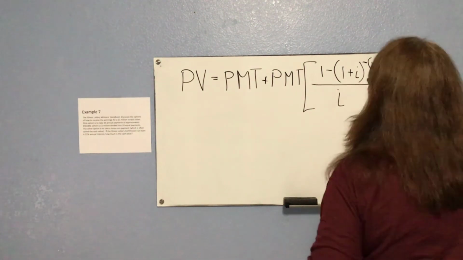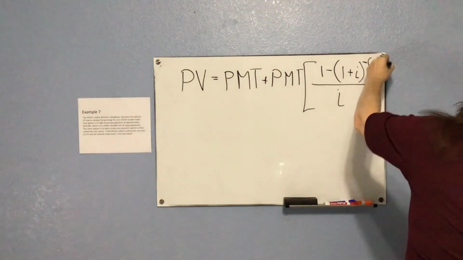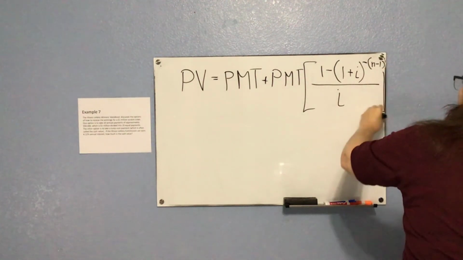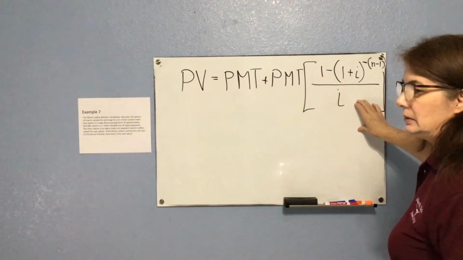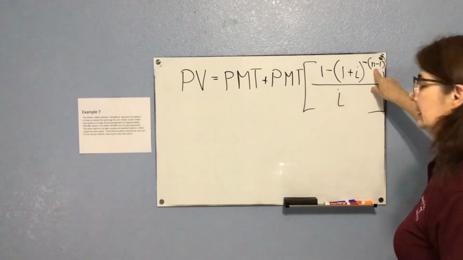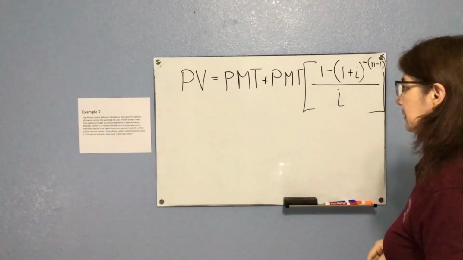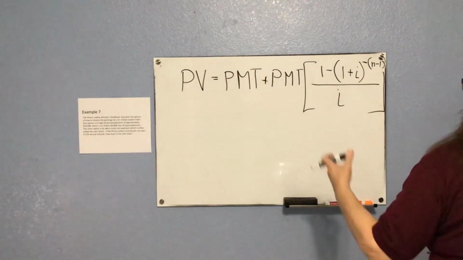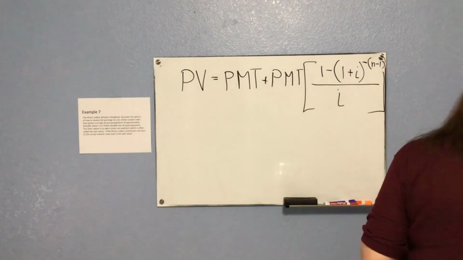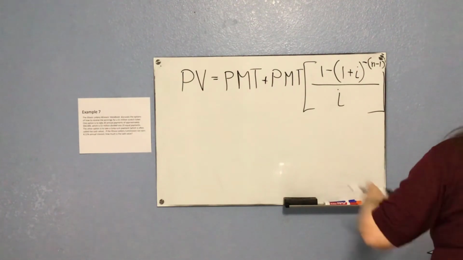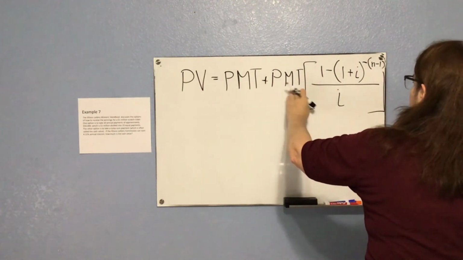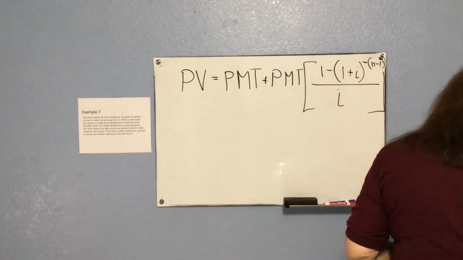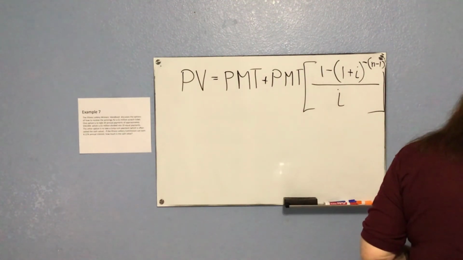So basically, this on the end is the present value of an annuity due that's made in n-1 payments. Okay, and the payments are made at the beginning of each period. Start with one payment, and these are the following annual payments after that first one.